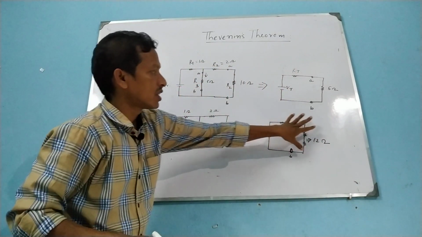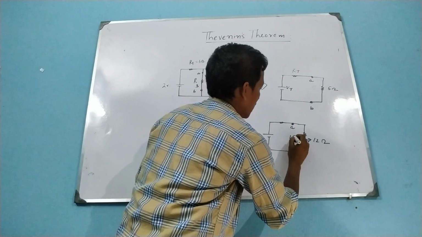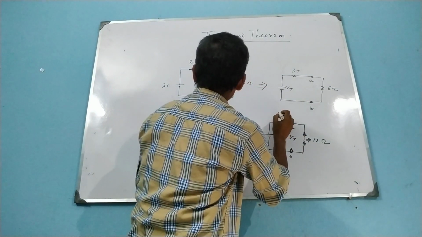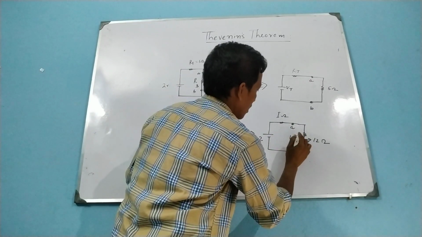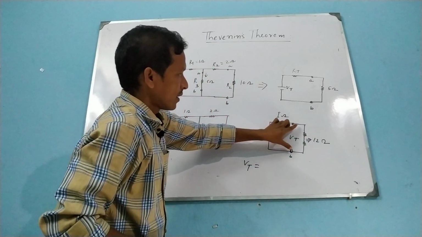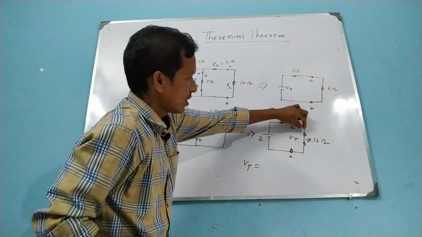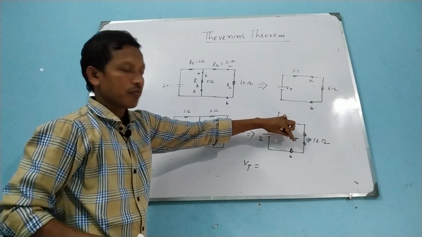So the voltage across the 12 ohm is the Thevenin's voltage VT, and this is 2 volt and this is 1 ohm. Okay, so what will be the VT? VT is equal to the voltage drop across 12 ohm.